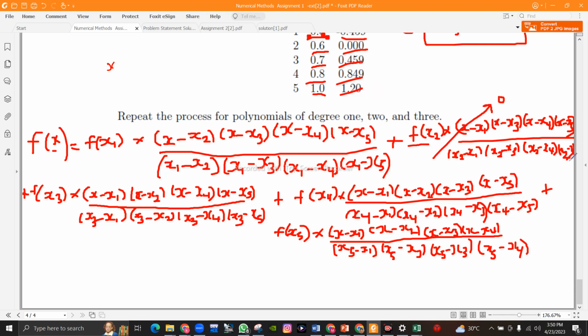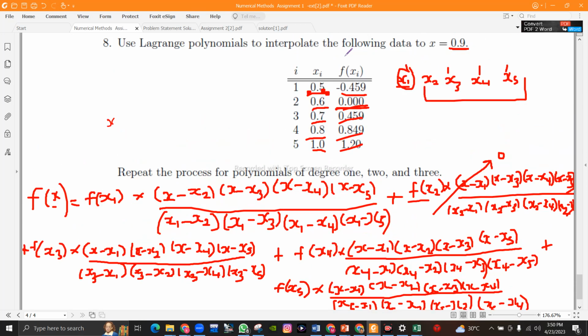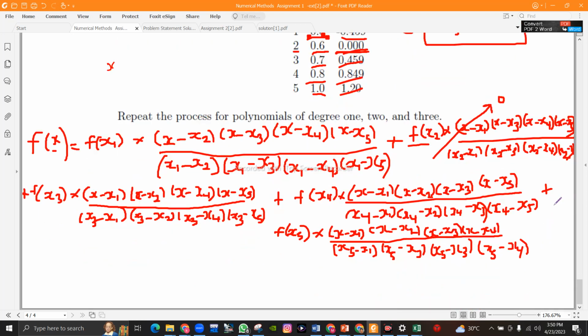No matter what you get here, times 0 will still give us 0. So there's no need wasting time writing everything. So move to the third one, f of x3.